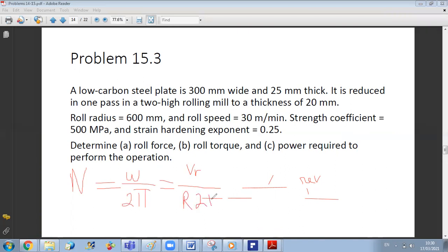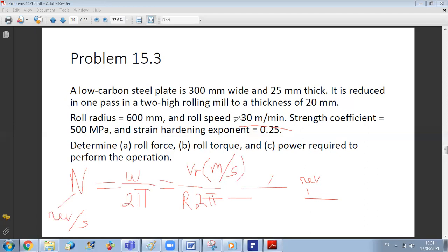Now for units, because I want n in revolution per second, I should convert my velocity, because my VR is in meter per minute. I should convert it to meter per second, so VR should be supplied in meter per second. So I should divide the value provided by 60.